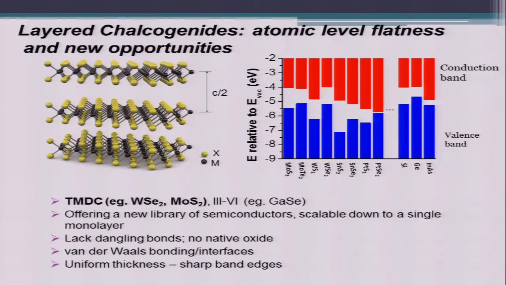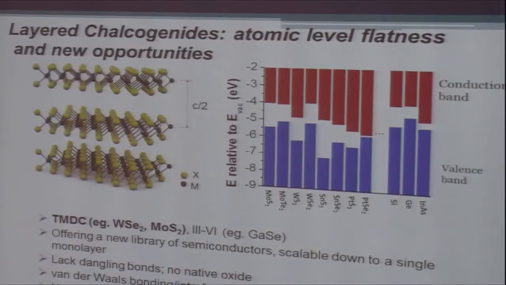So that's where we think chalcogenides and layered chalcogenides can come into play. And Sapon briefly talked about it. These are material systems that are very much like graphene and graphite, except they have a band gap. They have an intrinsic band gap. And you have these layered materials. Within each layer, the bonding is ionic/covalent.